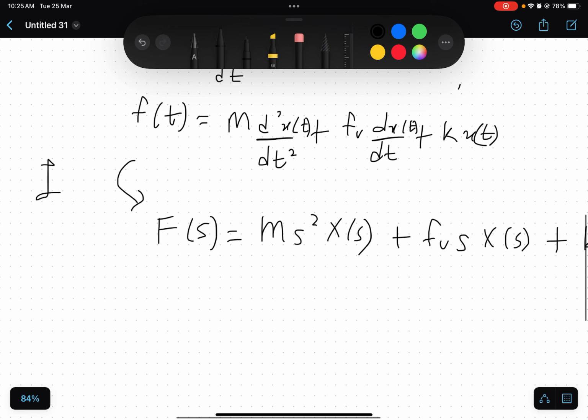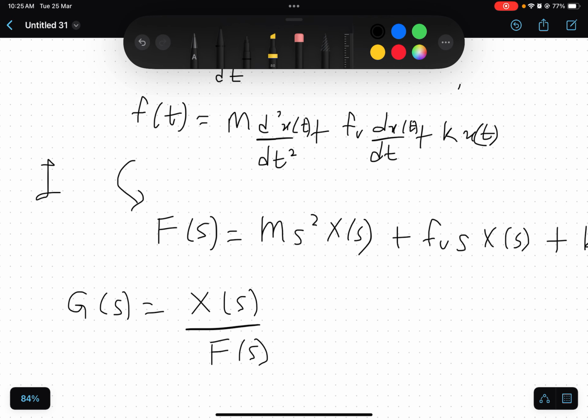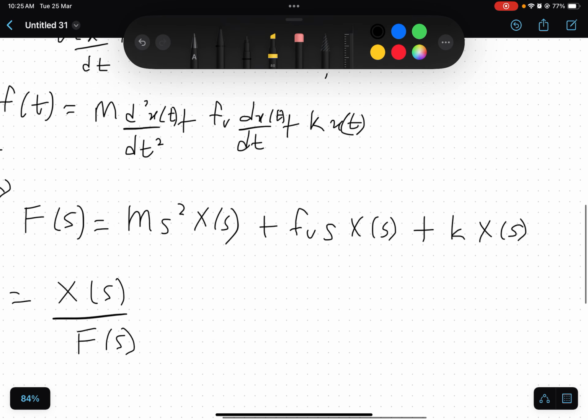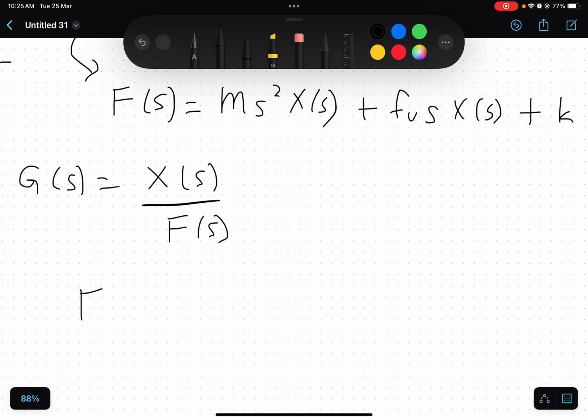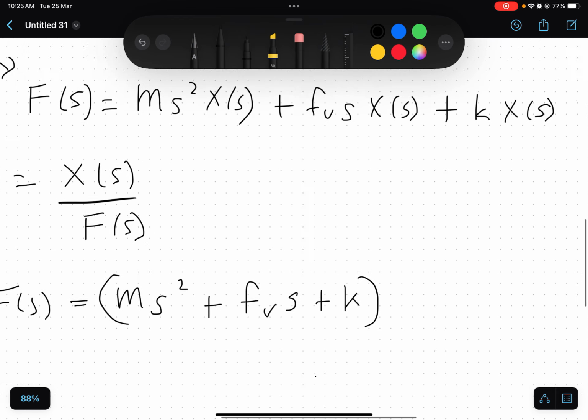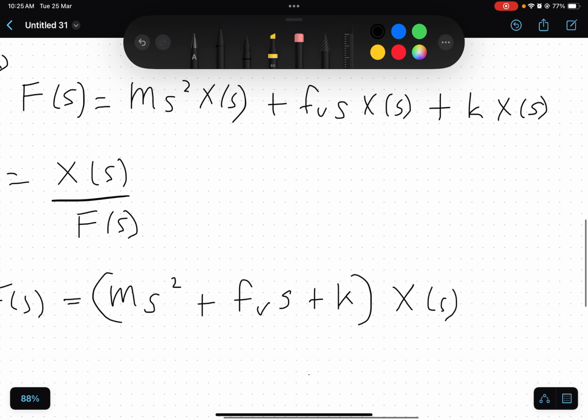We were asked to find just now the transfer function, right? The transfer function given just now is X(s) over F(s). So we need to factorize this X(s) out first, which gives us F(s) equals ms squared plus fvs plus k times X(s).